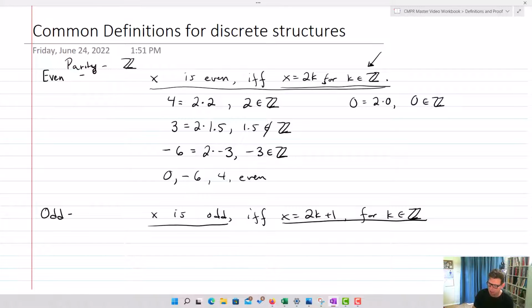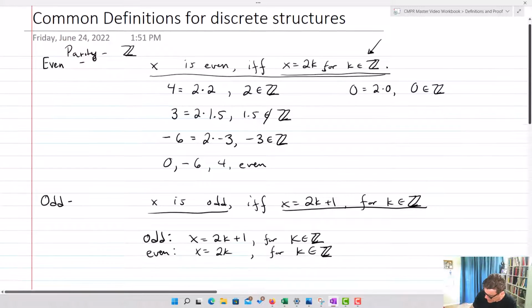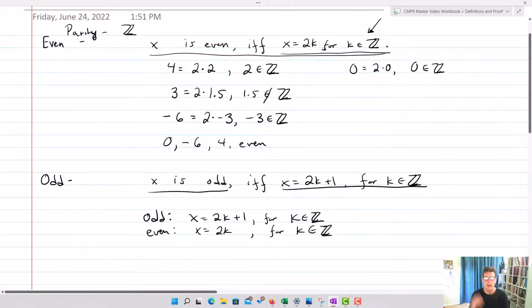So essentially, we can actually write this as odd is defined as x equals 2k plus 1 for k belonging to Z. And we'll define even as x equals 2k for k belonging to Z. And those are our definitions. So if you have one, you're going to have the other, right? And that's what we mean by that if and only if.